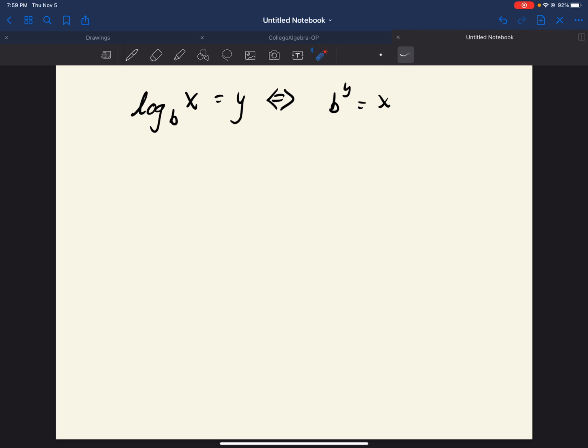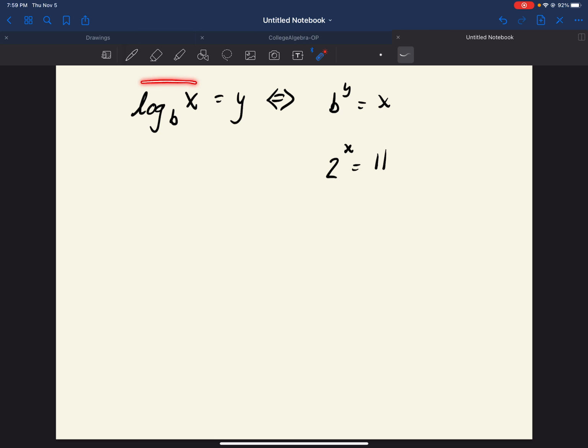The more important thing, though, is if you were asking 2 to what power equals 11, we are exactly in this situation right here, where b is 2 and x is 11. And what I don't know is, what is y over here? But look, y is that logarithm right there, and that is that power.